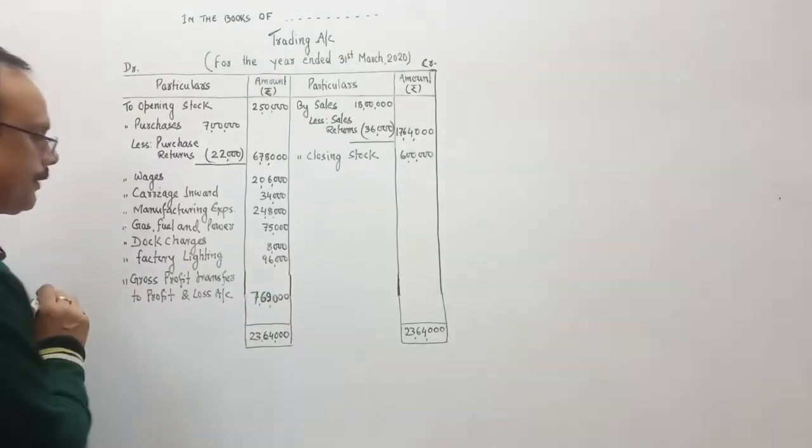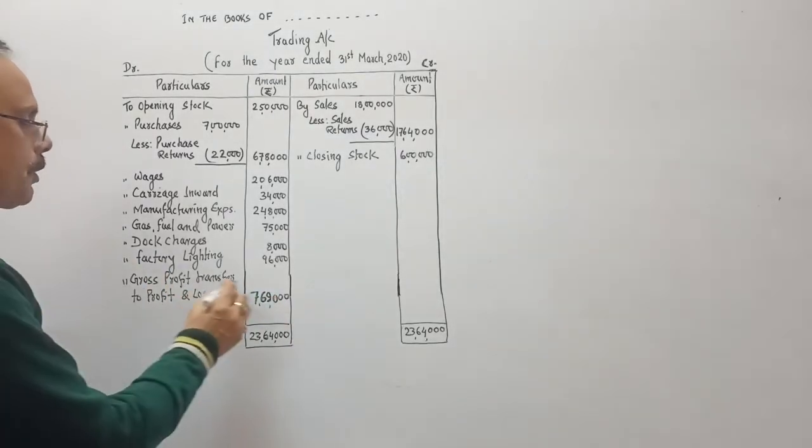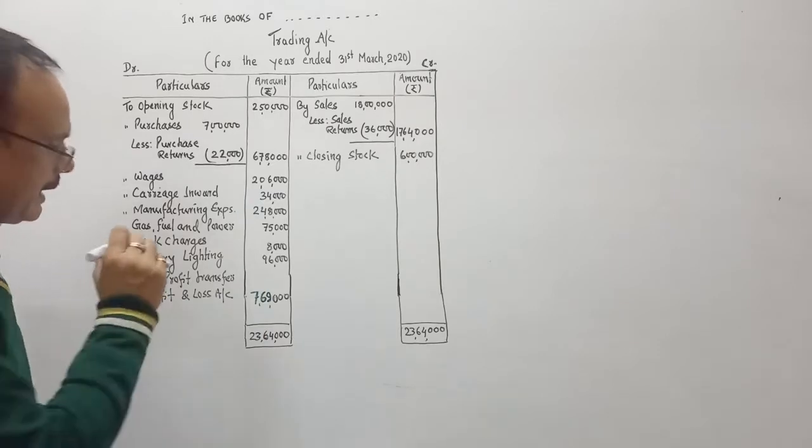This is the gross profit, and it will be transferred to the profit and loss account.